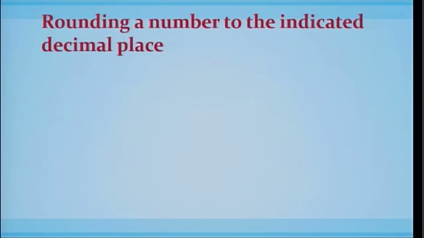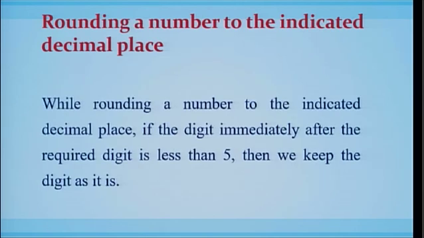Now we're going to round a number to the indicated decimal place. While rounding a number to the indicated decimal place, if the digit immediately after the required digit is less than 5, then we keep the digit as it is.